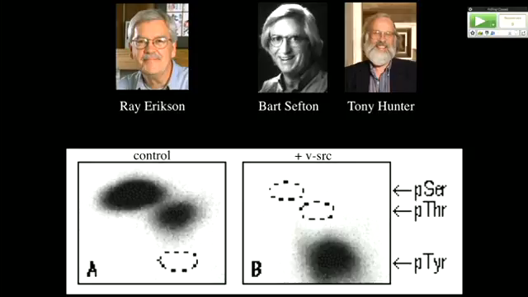And what they found was extremely surprising. This experiment shows control cells which have been fed radioactive phosphate so that all the ATP becomes radioactive, and kinases could transfer their phosphate to proteins.